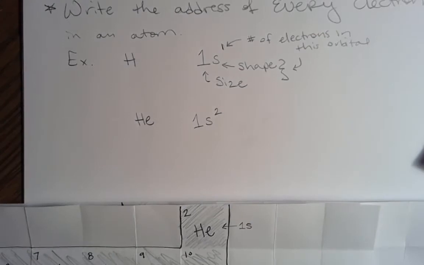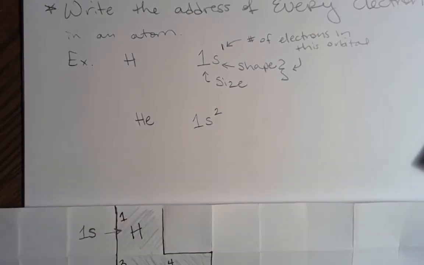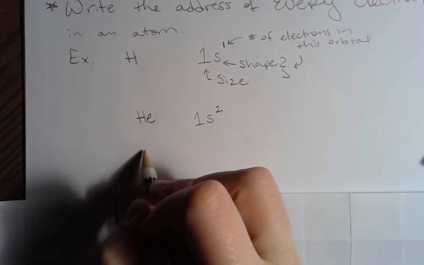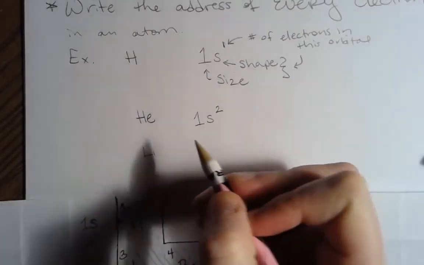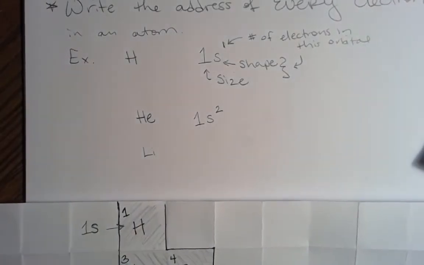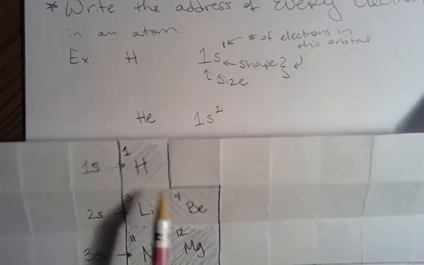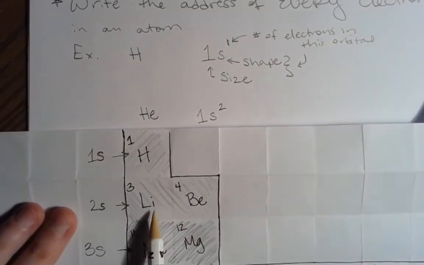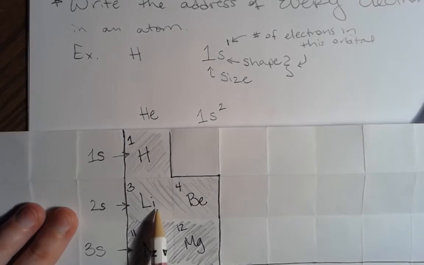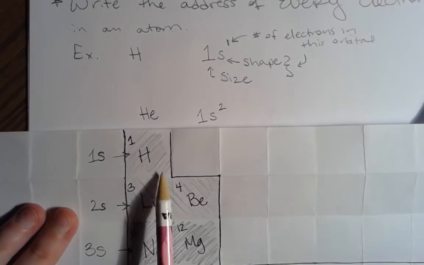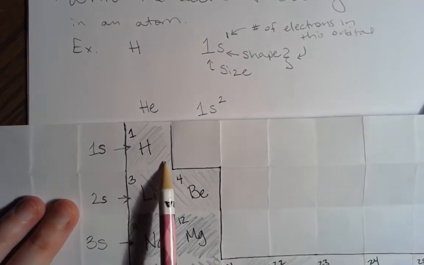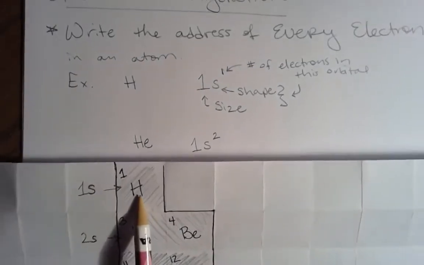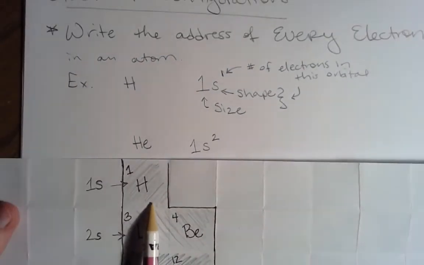Okay, let's just keep going. Lithium is element number 3. There are 3 electrons in lithium. Lithium's outermost electron is in the 2s, but just like a Bohr structure, we're going to write out everything including its core. Lithium has this 1s core, and it's full.